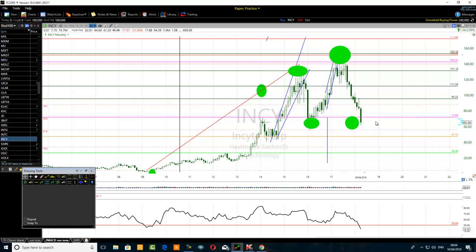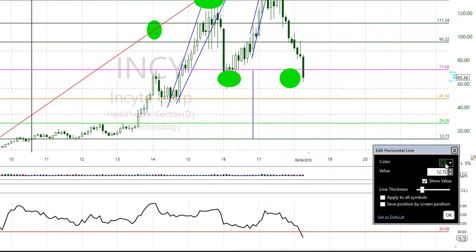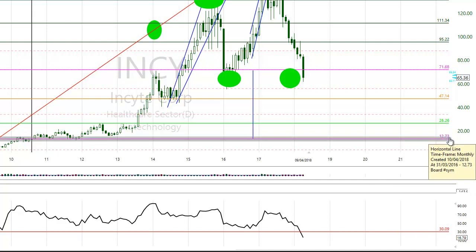This is the neckline here. So the ultimate target for that price structure is right here. I'll color it pink also. That's the ultimate target at $12.73.